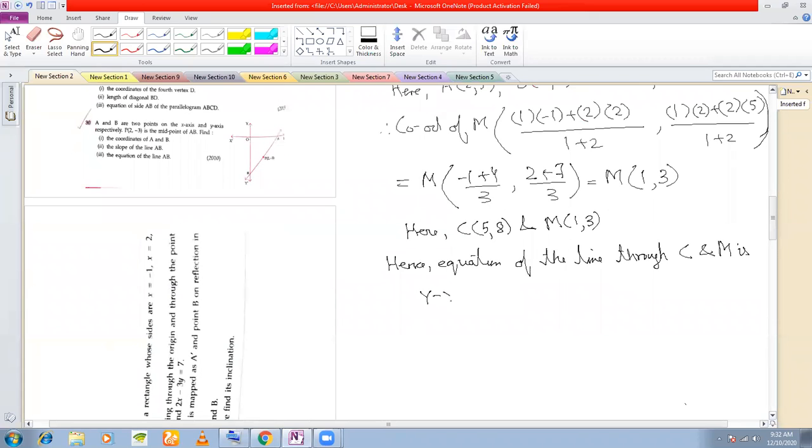y minus y1 equal to (y2 minus y1)/(x2 minus x1) into (x minus x1). Take this as x1 y1, this as x2 y2.